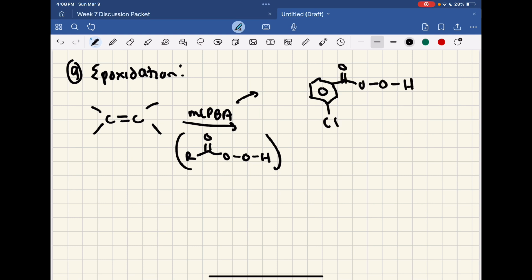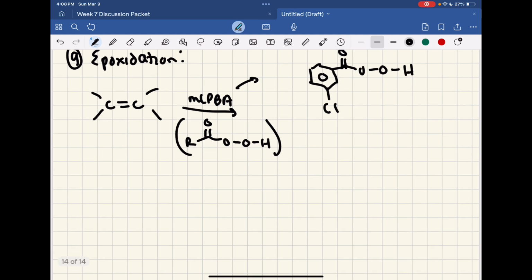That's that structure. Okay, and mechanistically, this is another one of those concerted mechanisms where we're going to form an epoxide. So that would be a structure that looks like that. This is the result. So let's see an example of that.